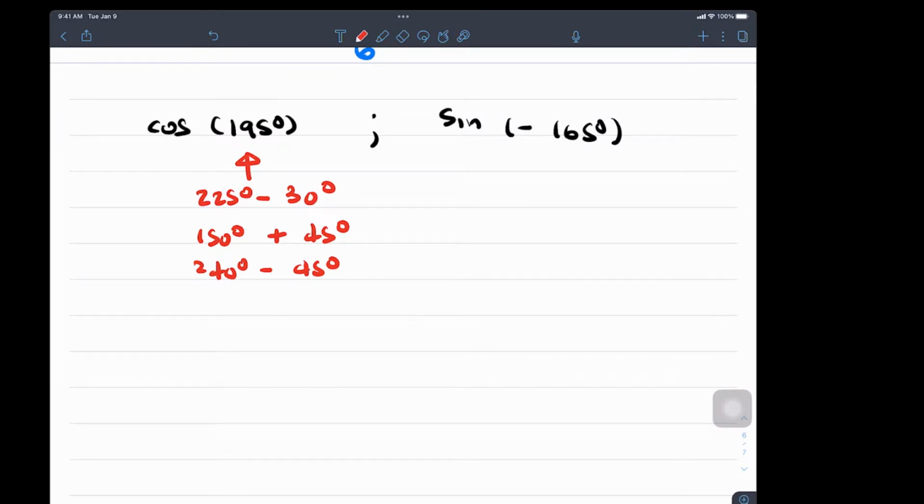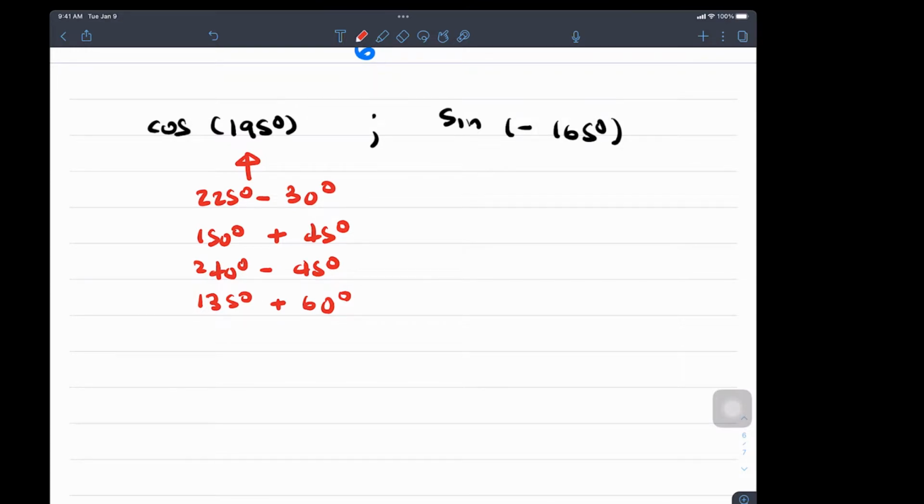Yeah, that's what I was going to say. 135 degrees plus 60 degrees, right? So pick your poison. Which one do you guys want to use?